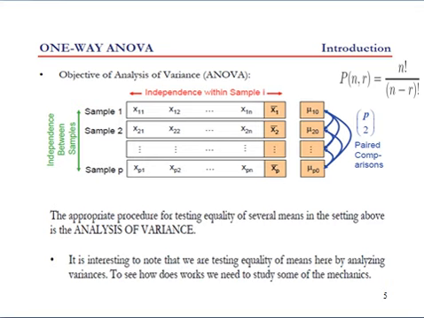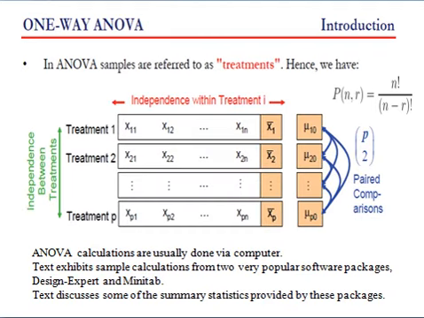And if I have many samples, let's say 20 or 30 samples, then using a t-test is not feasible, because I will be performing so many t-tests. So as I mentioned before, it is advisable to use ANOVA in such situations.